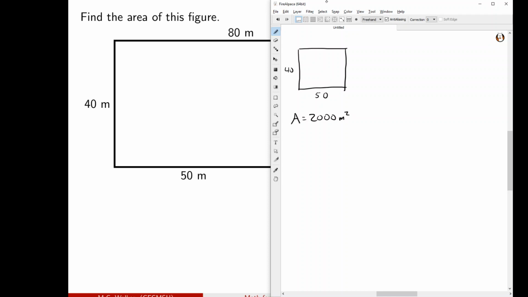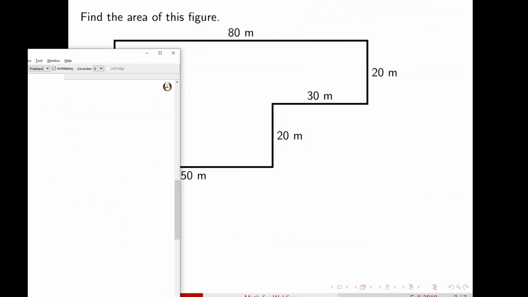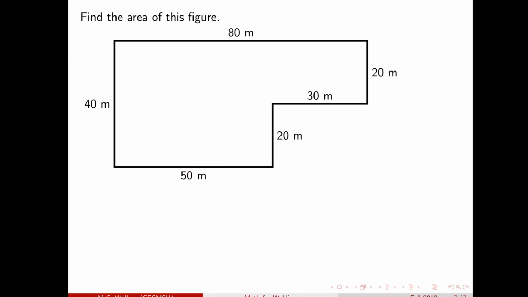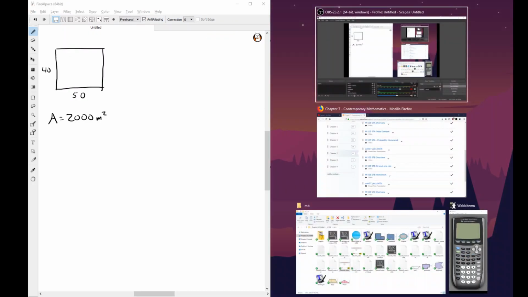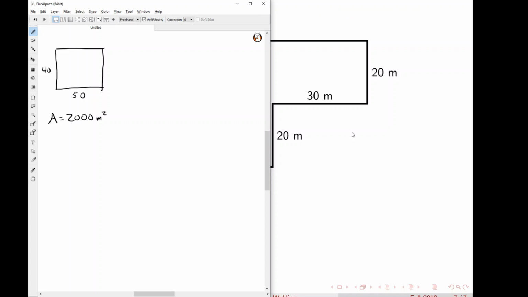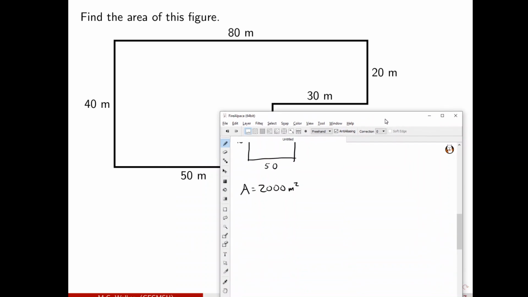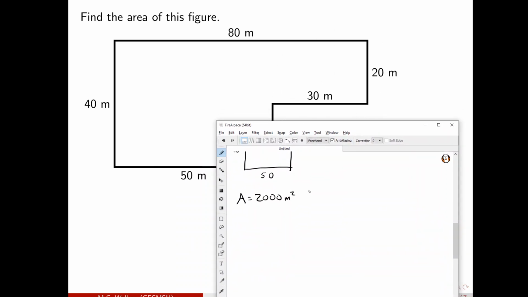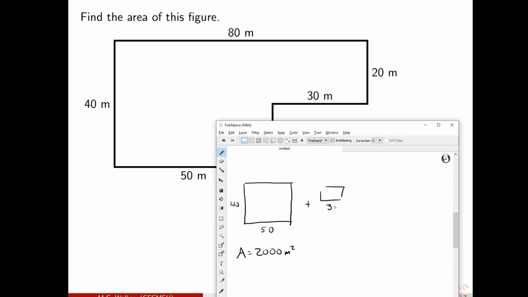And then we've got this other one that's 30 by 20, right? 20 by 20 over here. That's this area, also over there. 30 by 20: 3 times 2 is 6, so 30 times 20 is 600.